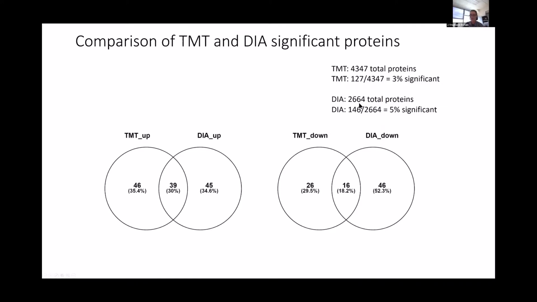DIA, we had almost half the total proteins identified, and more of those were significantly different with 5% significant. So if you look at the significantly upregulated list, only 39 out of those were the same in both the TMT and the DIA experiment with the same samples. You do have some unique ones that are associated with either method. And similar results with the downregulated significant list.